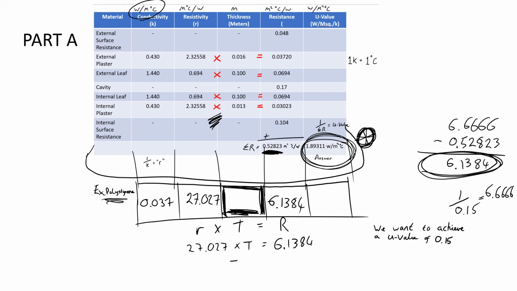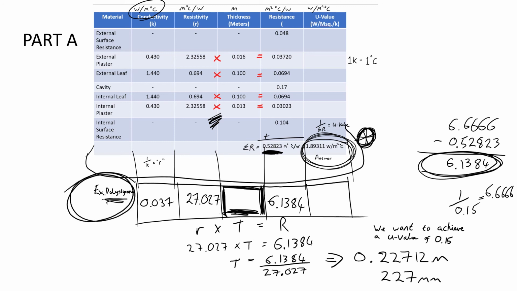So when we leave T on this side, we use 6.1384 divided by 27.027. That gives us the answer we're looking for, our thickness of insulation as 0.2271. That is in meters, giving us an answer of 227 millimeters of required expanded polystyrene.